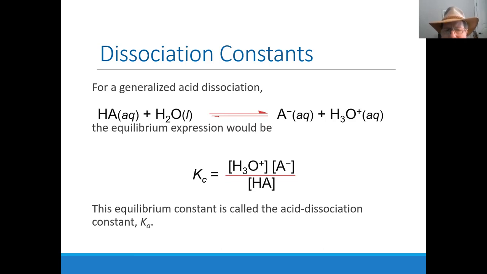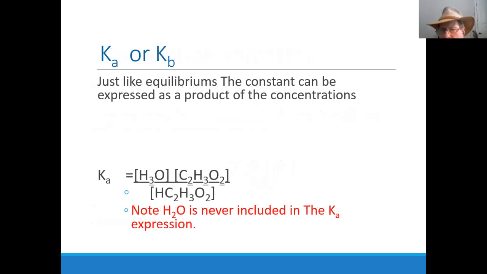Because it's an acid, it gets designated a special K. It is K sub A. Just like equilibriums, the constant can be expressed as a product of the concentration. Again, remember, H2O is never included in a Ka expression.